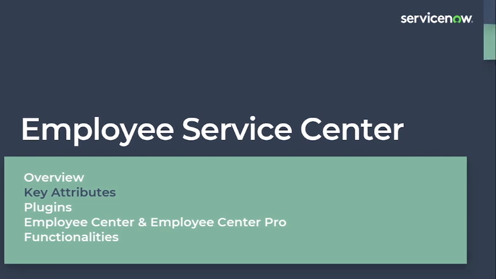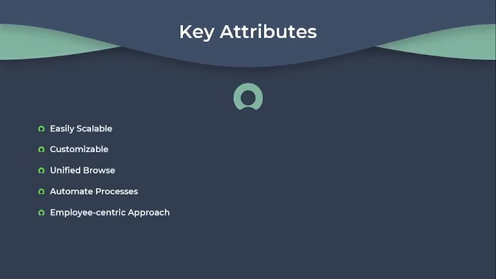Then key attributes. The key attributes of Employee Center portal are as follow. It is easily scalable to support multi-department service delivery. Then portal pages that can be customized to apply organization specified theme and branding.